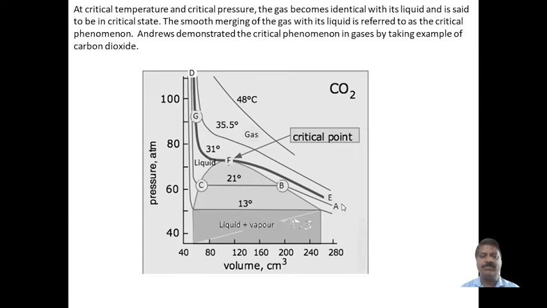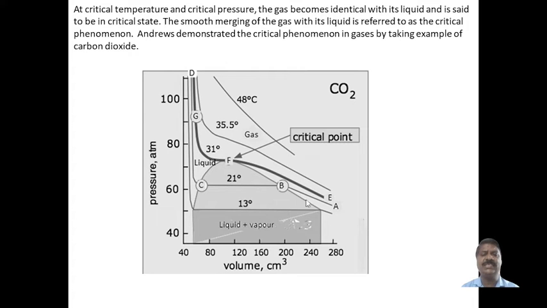Clear? As this is the volume, here the volume is high. At this point the volume of the gas is high, and the pressure is around atmospheric pressure. Therefore, here the gas remains in the gaseous state.